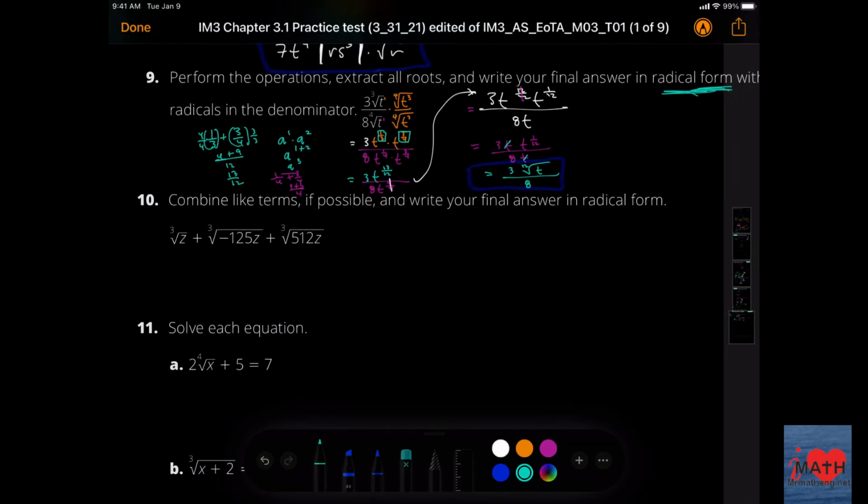So you can skip this one, but combine like terms if possible and write your answer in radical form. So essentially what you want to have here, let's just see if you can simplify these, right? So I have the cube root of negative 5 to the third power times the cube root of z plus the cube root of 512.